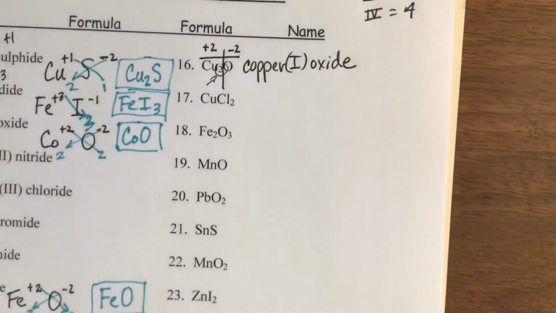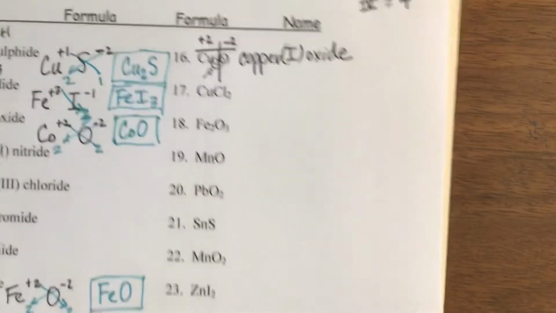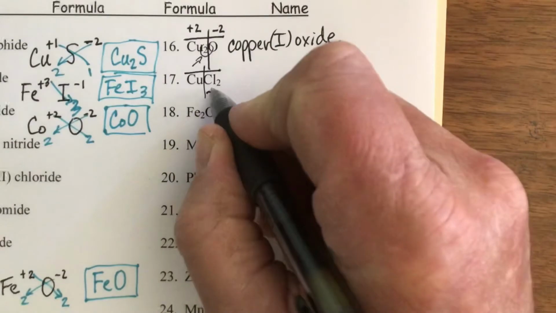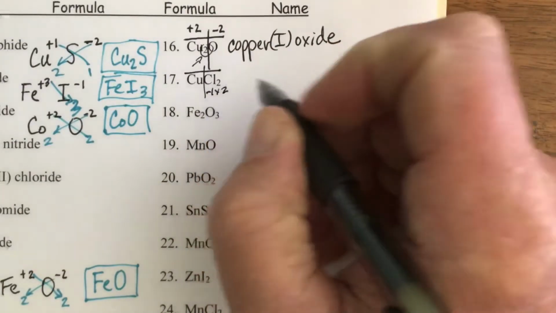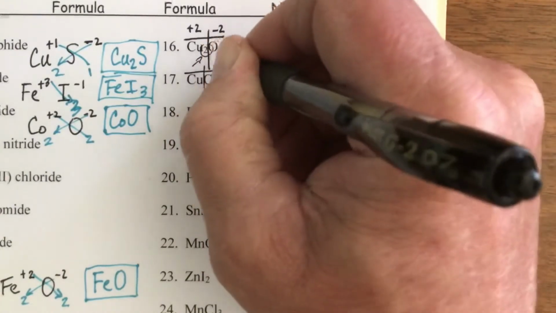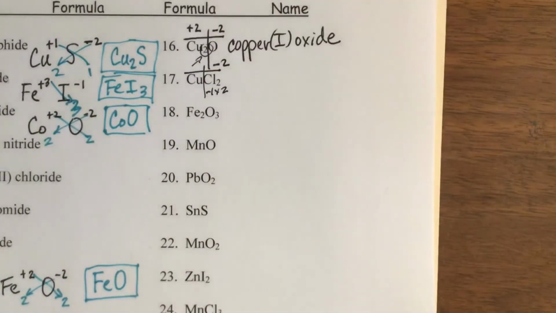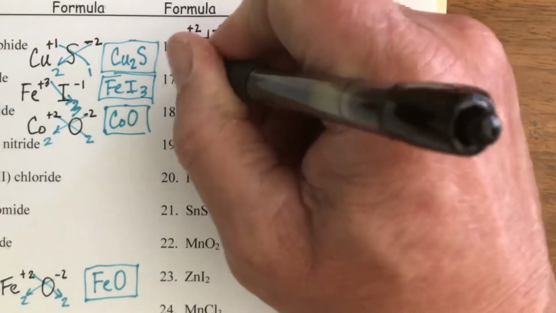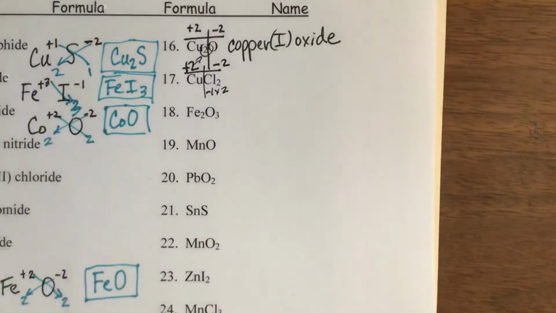All right, now let's look at the second one here. We do know the charge on chloride, and chloride's a -1, but there are 2 of them. So our total negative charge is going to be -2, because we have 2 -1 chloride ions there. That means this has to be a +2 to cancel the -2 out.